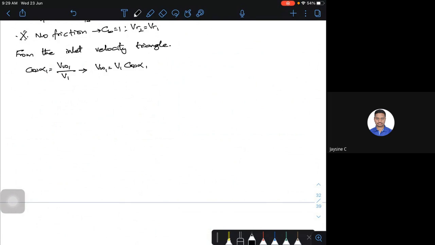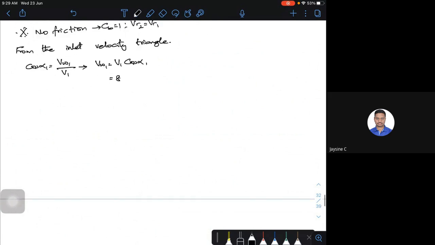Alpha 1 is 20 degrees. We know V1 is 824. So 824 into cos 20. How much is it?